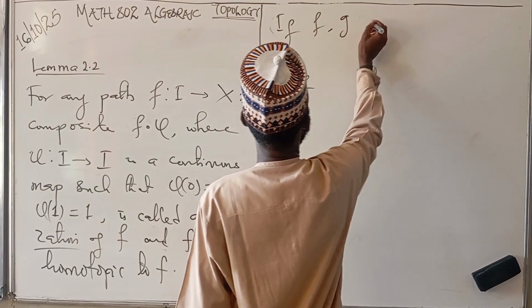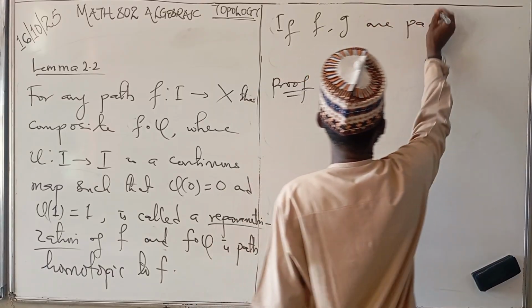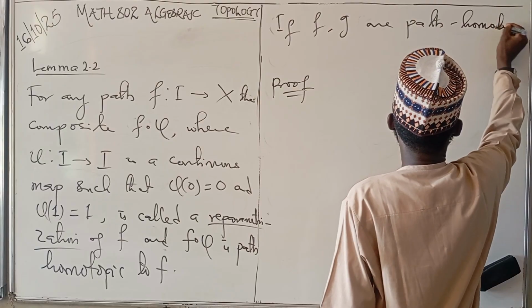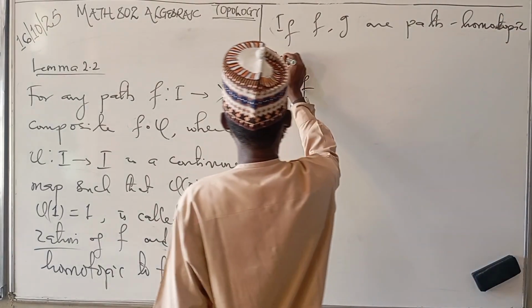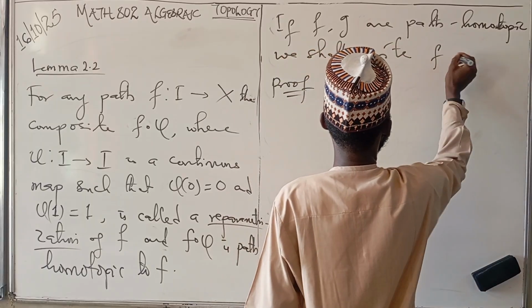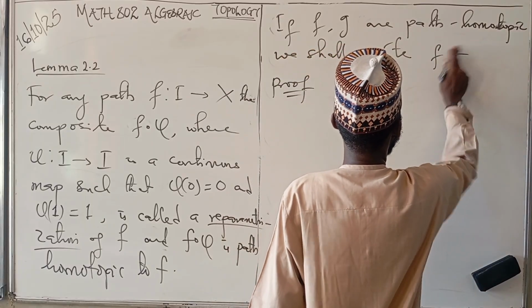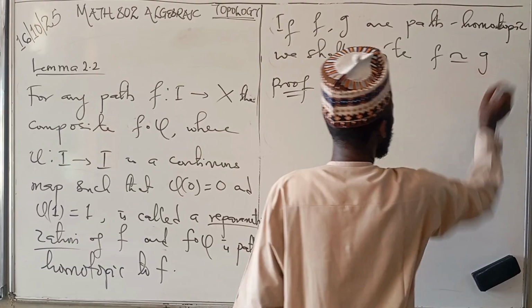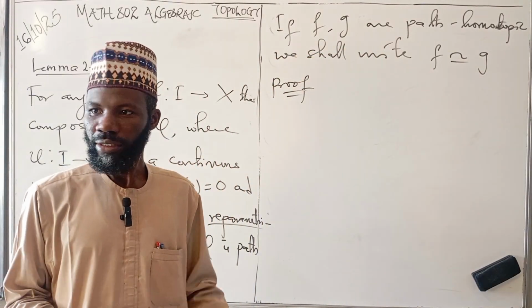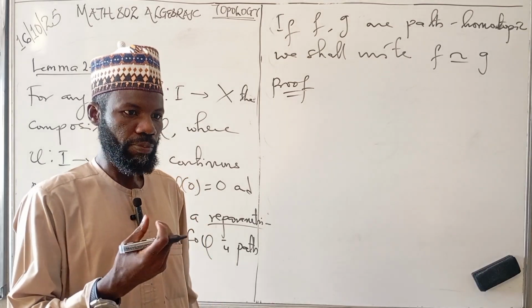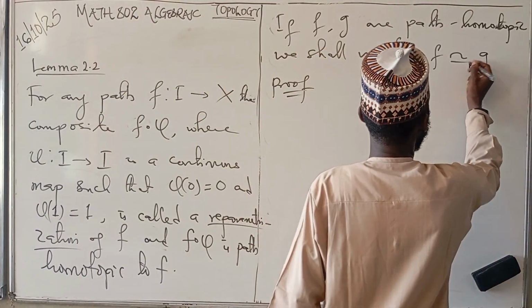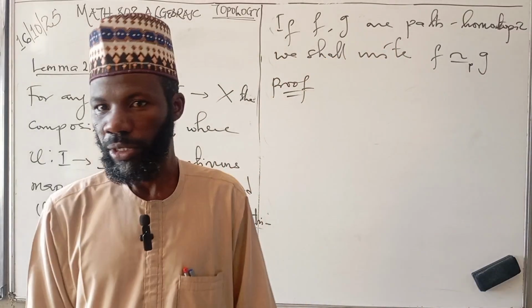If f and g are path homotopic, we shall write f is homotopic to g with a p here to emphasize path homotopic.